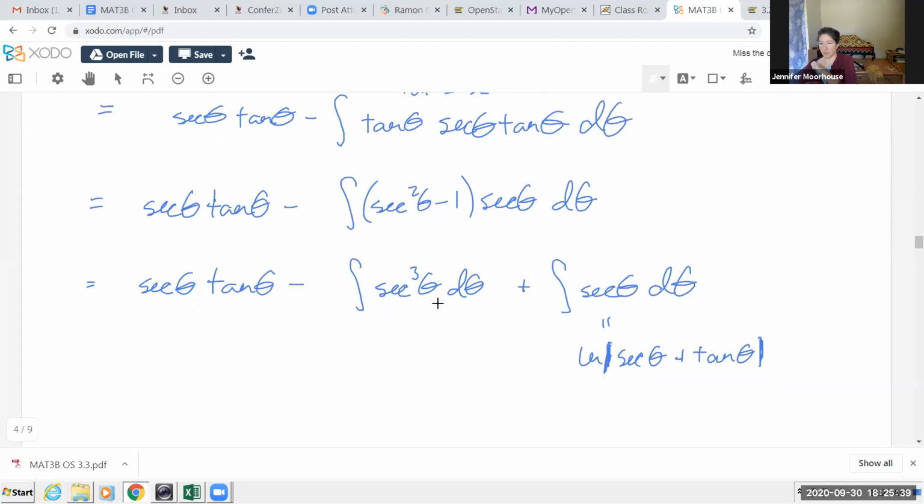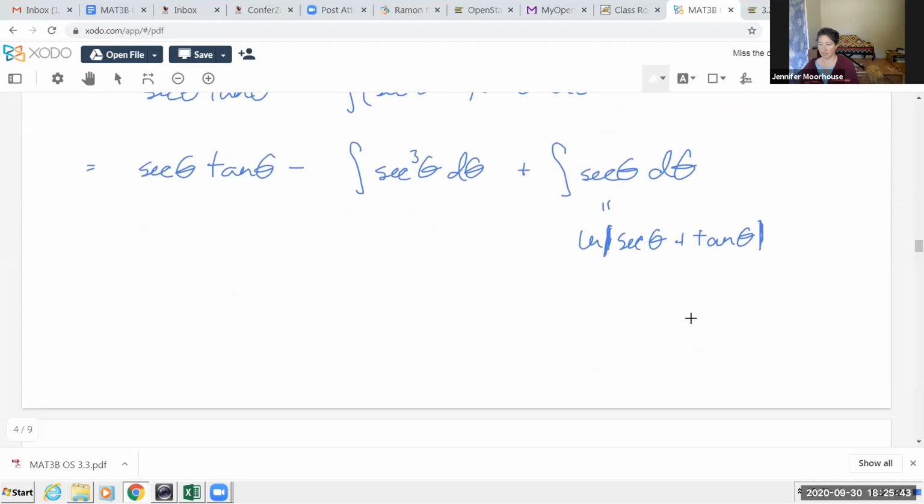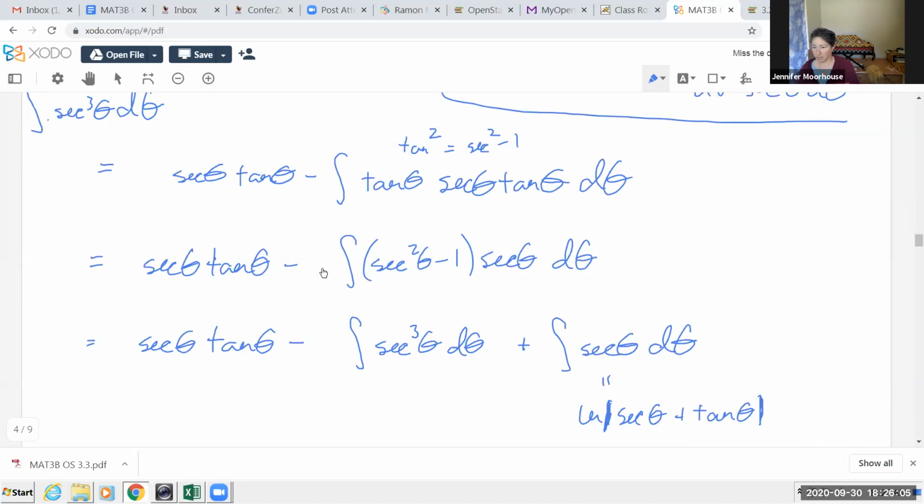Okay, and then if I take what I have and move everything over to one side, we're going to call this integral of secant cubed I, and this integral of secant cubed on the other side is an I as well.